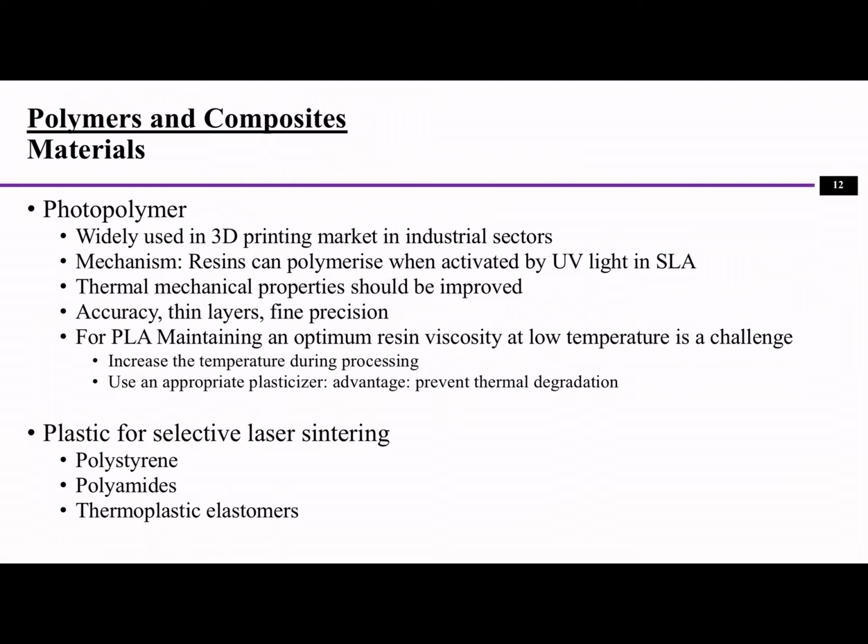Photopolymers are actually widely used in 3D printing. It's because of the process itself, right? The resin can polymerize when it is activated by UV light. And for polymers, because they have less strength than metals, thermal mechanical properties are always an issue in polymer 3D printing parts.